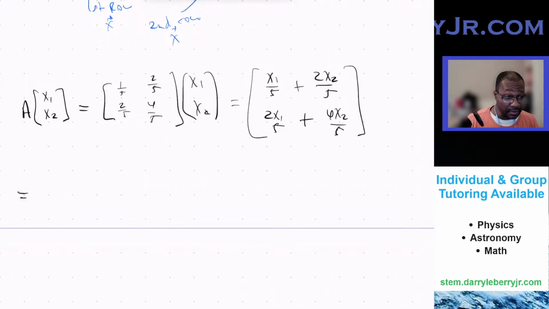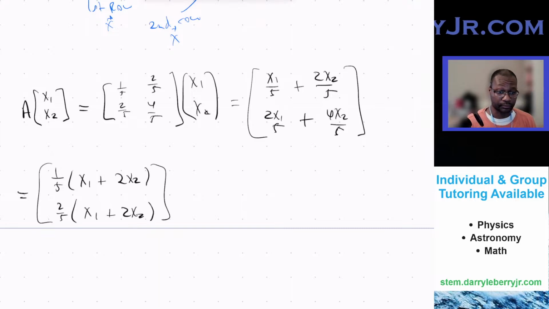So that equals 1/5 times x1 plus 2x2 in the first entry, and 2/5 times x1 plus 2x2 in the second.